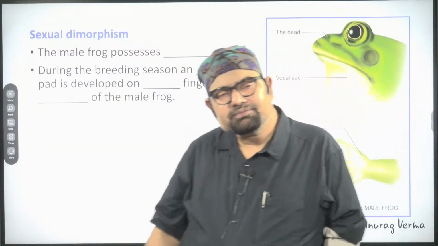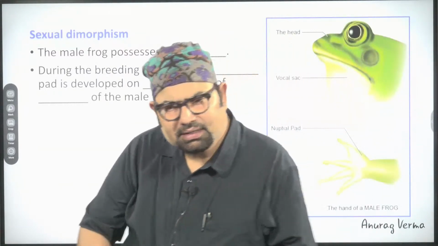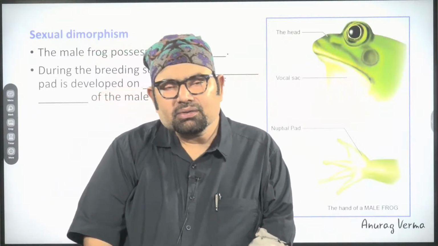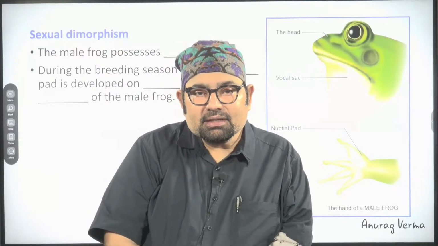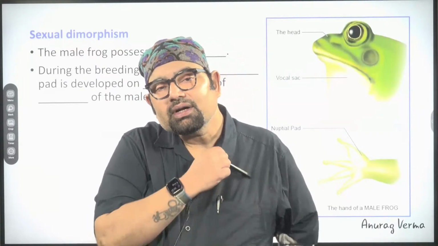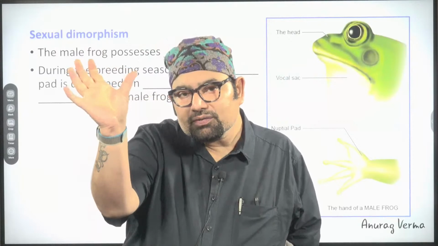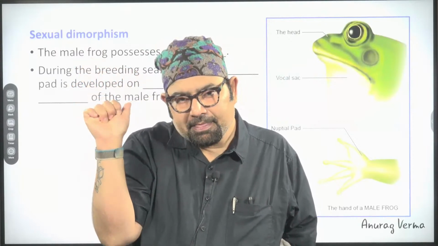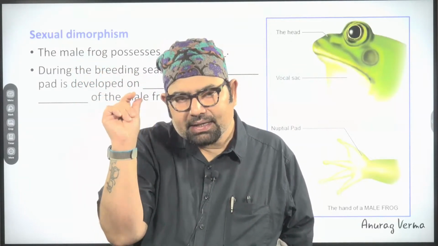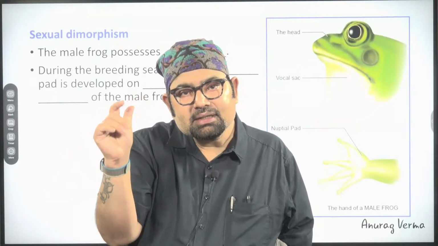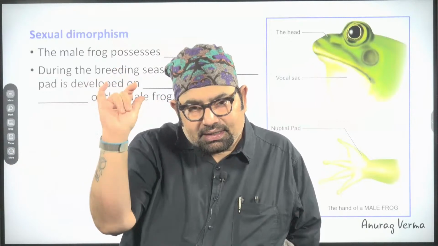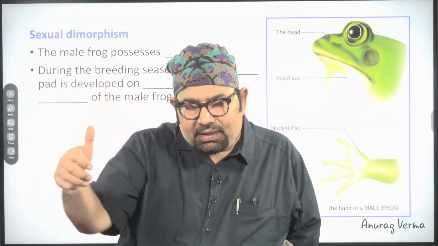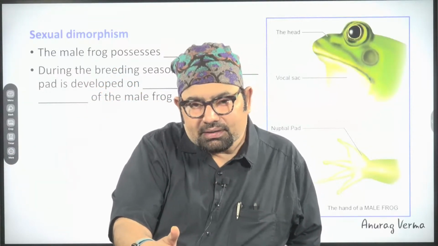So how does the male hold the female when both are slippery? God has given the base of the first finger very thick, like a big pad, and during breeding season it becomes very sticky. So with that sticky and thick base of the first finger, they can hold the female tightly.